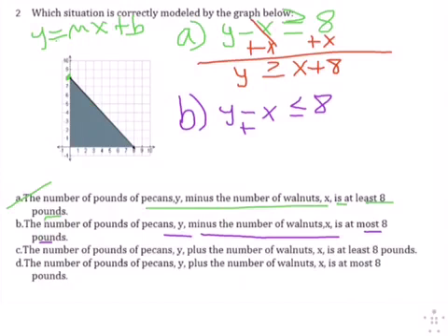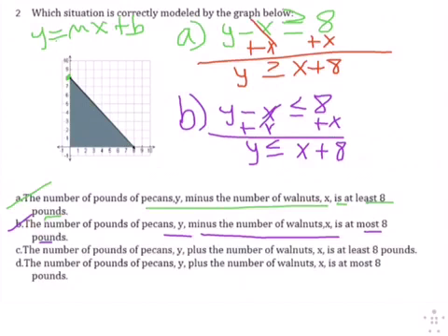We add X to both sides, and we get Y is less than or equal to X plus 8. Yes, our y-intercept is 8, but we still have a positive slope in our equation. Here we still need a negative slope, so B is also not our answer. Some of you might have picked up on that before you even wrote out that equation.